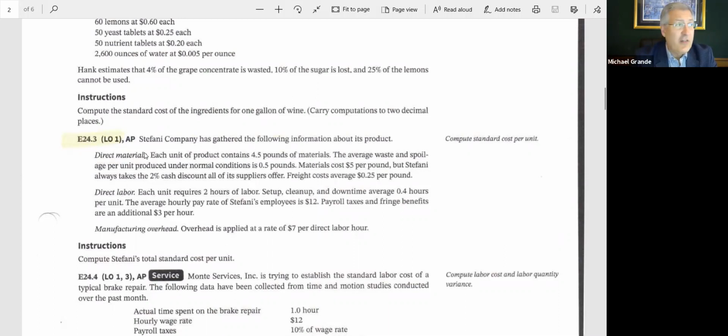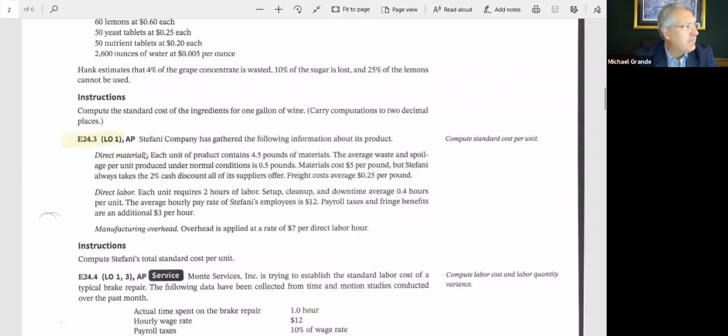There are 3 things that you're looking for when you are solving these problems. You're looking for actual output. You're looking for standard information, both quantity and price. And you're also looking for actual information in terms of what it costs.